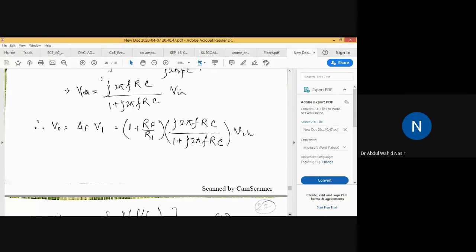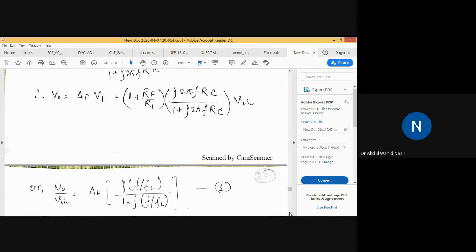This is the value of V1 in terms of Vin. So if we substitute the value of V1 here in terms of Vin, we will get this expression: 1 plus RF by R1 into j2 pi fRC divided by 1 plus j2 pi fRC into Vin. So this is your Vo equation, okay?